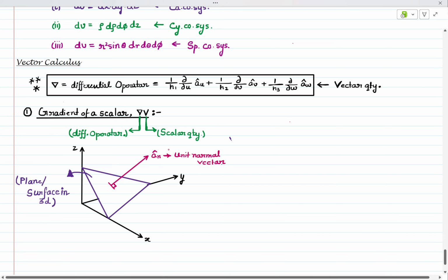That is, in the xyz space there is a surface or plane, and I am trying to determine this unit normal vector.